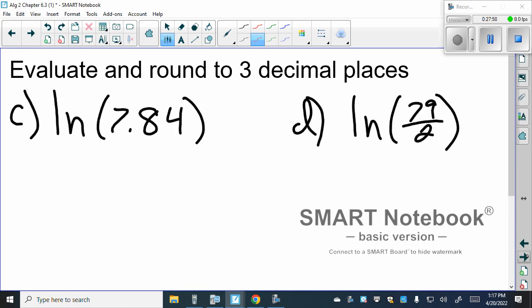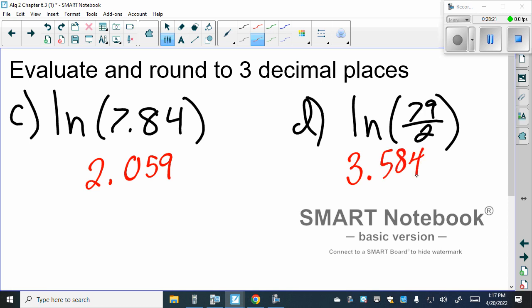And the last two on the note sheet, again, taking ln of 7.84, 2.059. And we do the same thing for the last one.